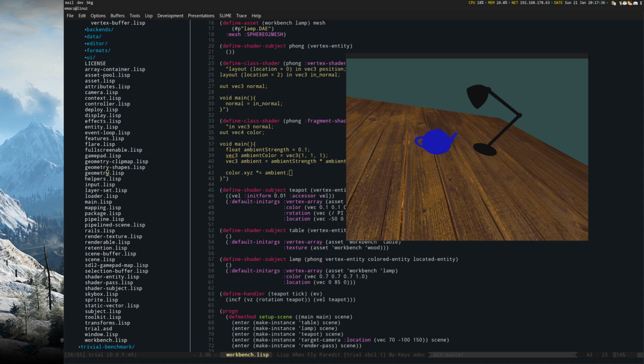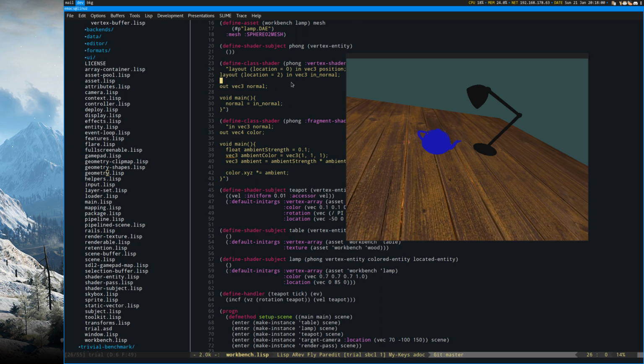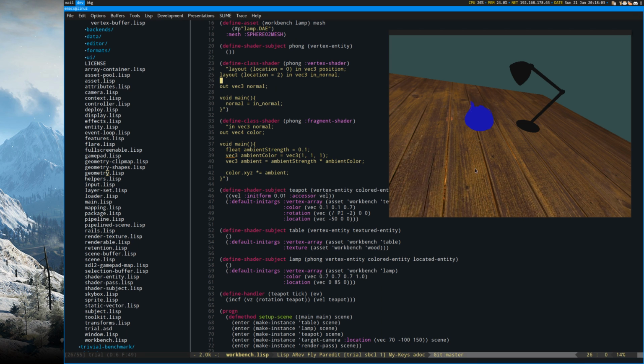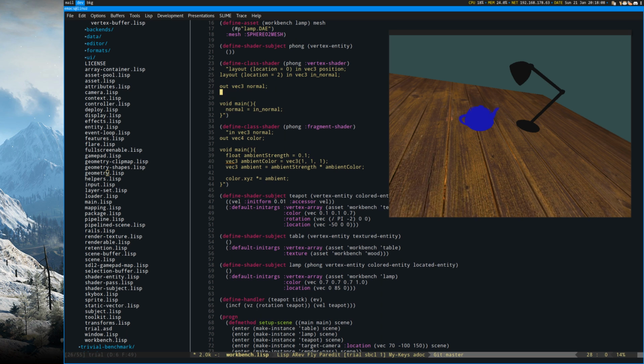Okay. And apparently we need the vertex position so that we can calculate that in the fragment shader. So, vec3.